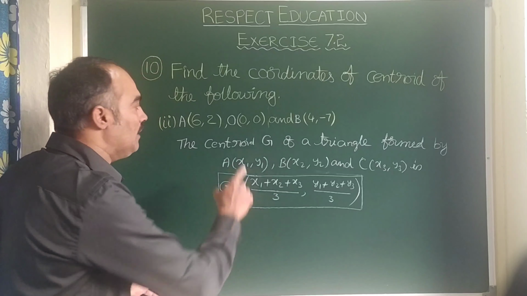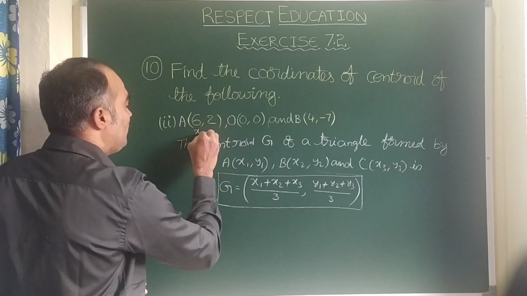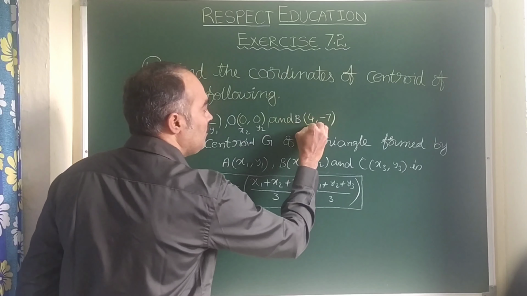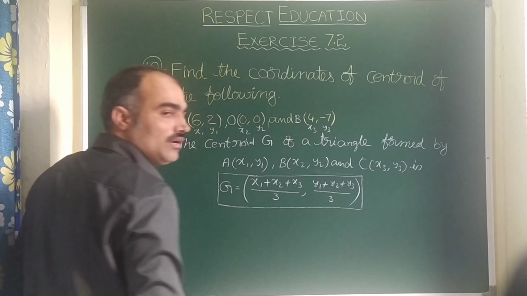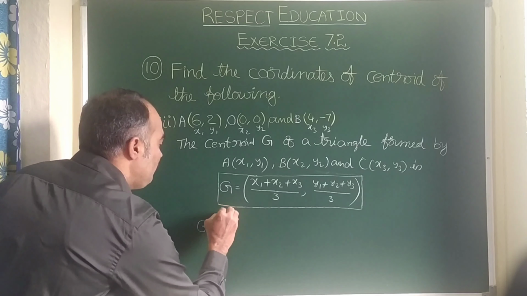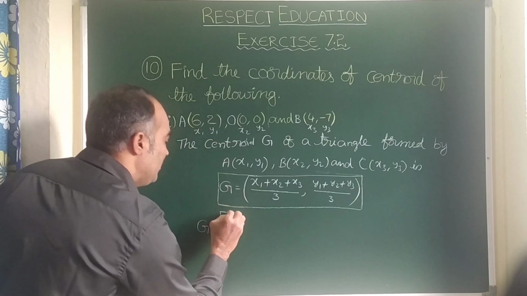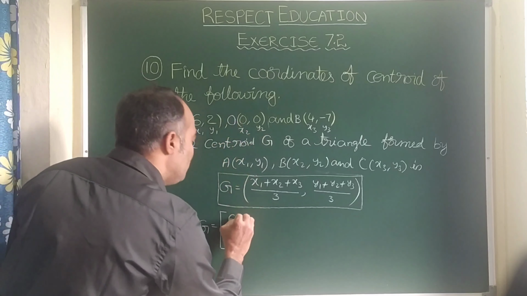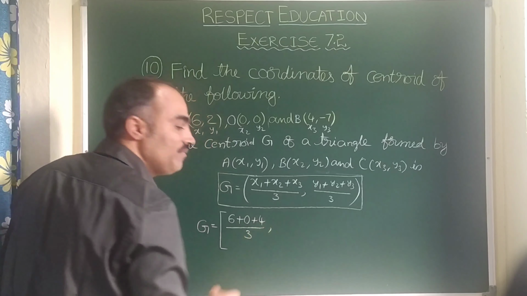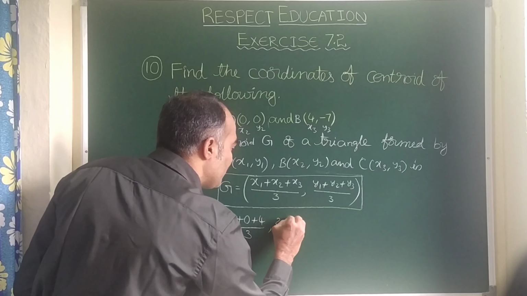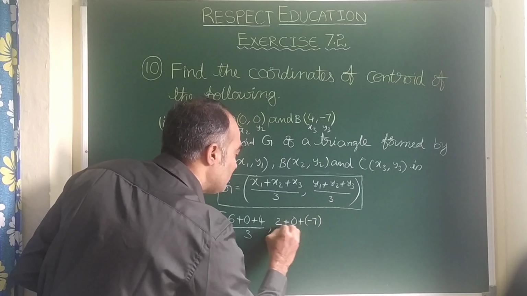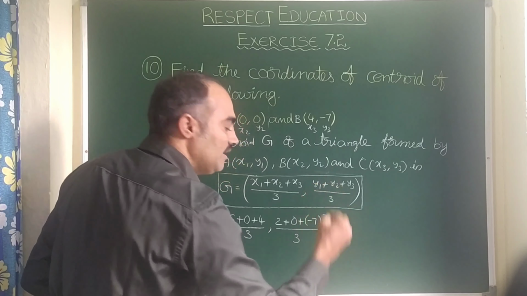So let us label these values as x1 y1, second one x2 y2, third one x3 y3. Now I am going to substitute these values here. So now G is equal to x1 means 6 plus x2 means 0 plus x3 is 4 by 3 comma y1 is 2 plus y2 is 0 plus y3 is minus 7 by 3, right?